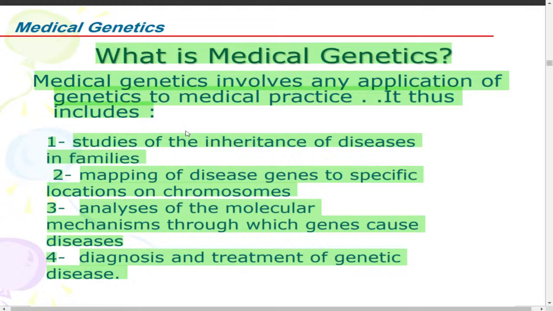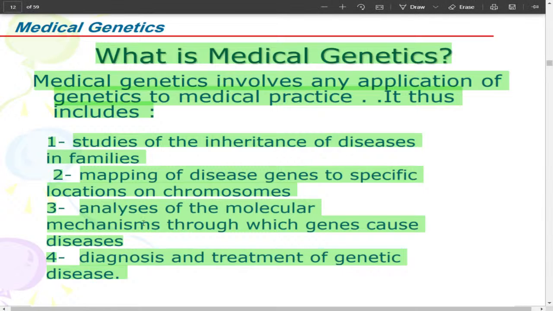We can say here, what is medical genetics? Medical genetics involves any application of genetics in medical practice. It thus includes studies of inheritance of disease in families, mapping a disease gene to a specific location on chromosomes, analysis of molecular mechanisms through which genes cause diseases, and diagnosis and treatment of genetic diseases in general.